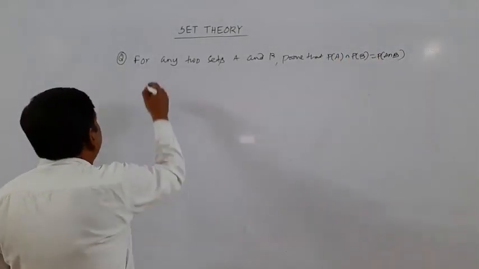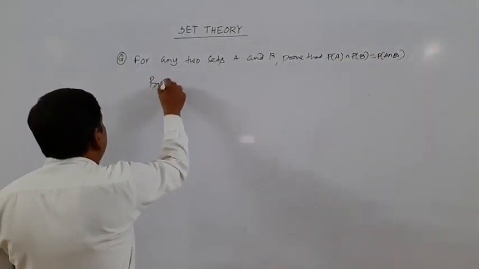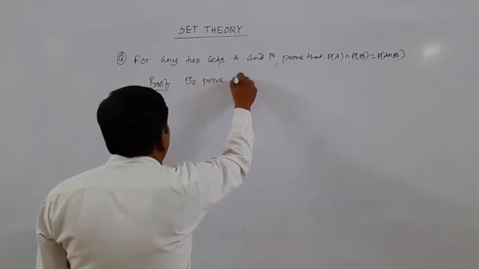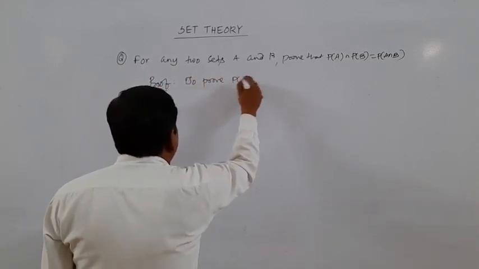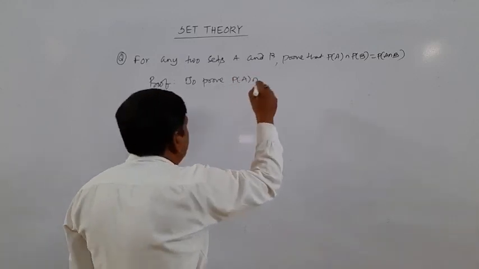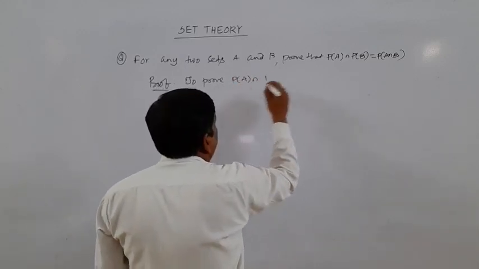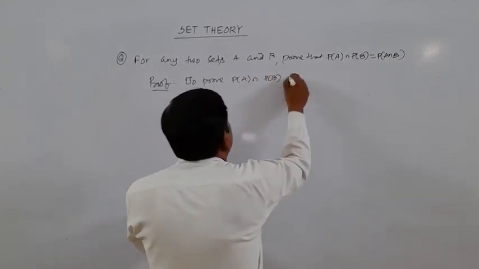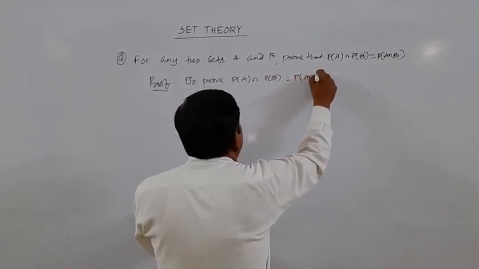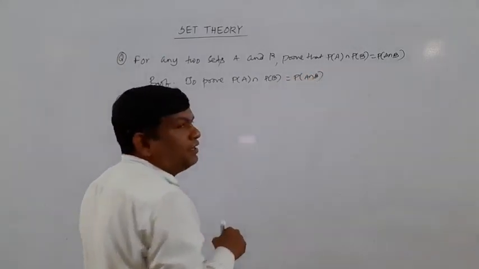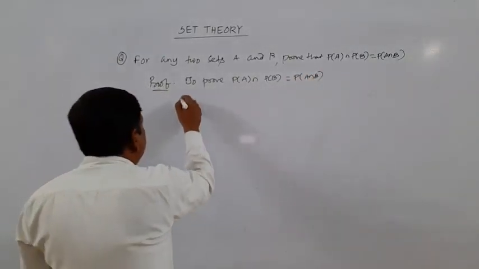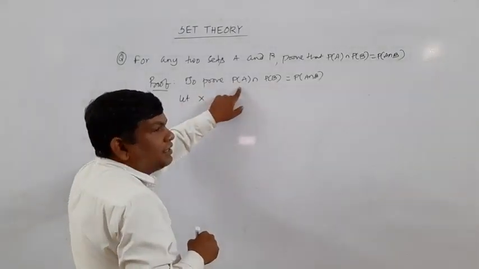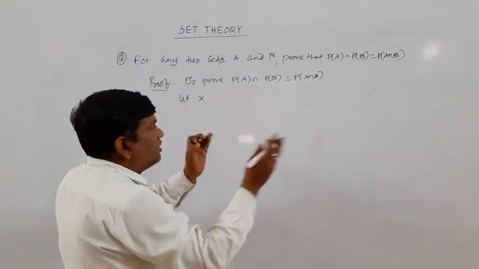Solution: proof. To prove that P of A, the power set of A, intersection P of B is equal to P of A intersection B. Let capital X be an element, because a power set is a set of sets, that is, a collection of sets.